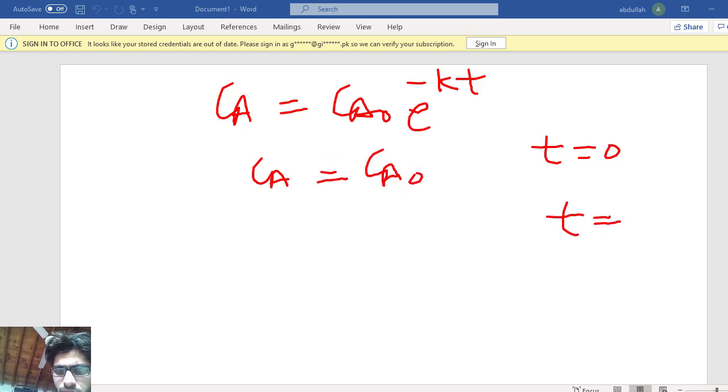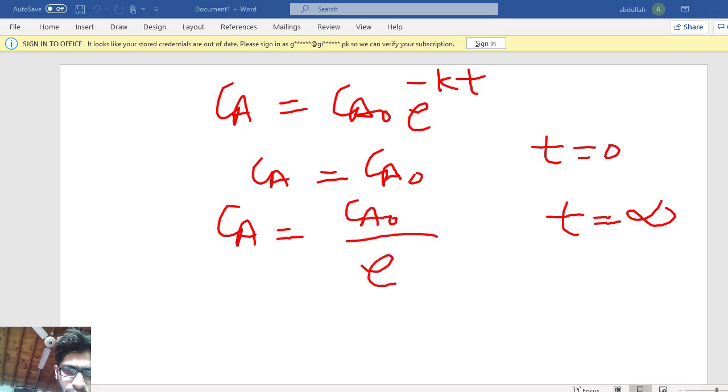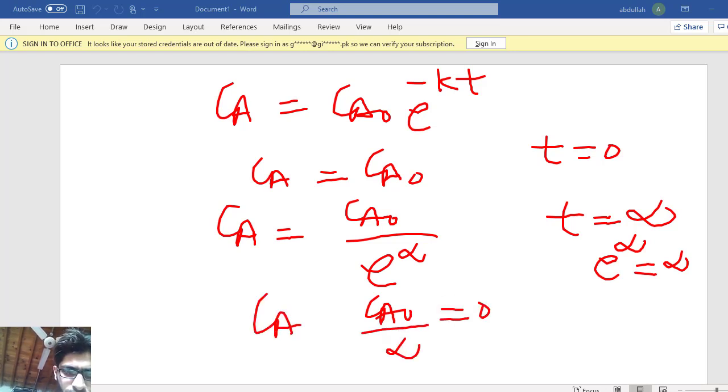At higher time, for example if time tends to infinity, then CA will be CA naught e to the power infinity in the denominator, and anything divided by infinity is equal to 0. So at higher time, CA will become 0, but at the start CA is CA naught.